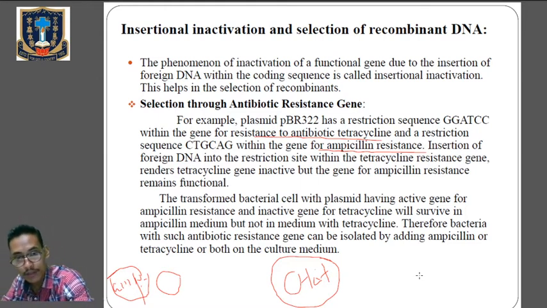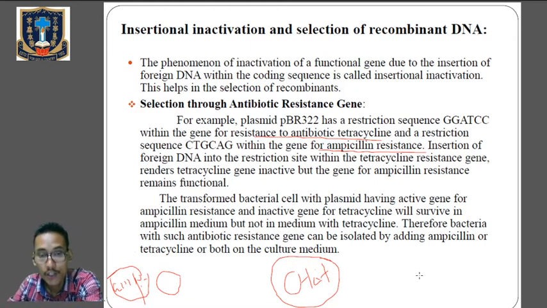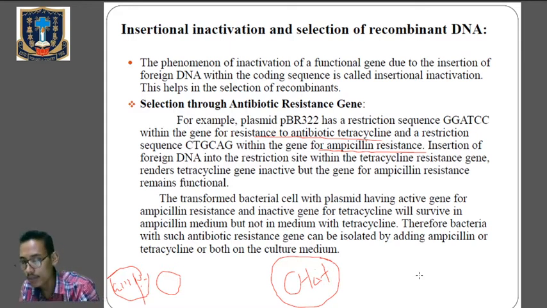So those bacterial cells which have undergone transformation will not be able to survive in a medium containing tetracycline. But those bacterial cells which have not undergone transformation, which do not have recombinant DNA, will survive in a medium containing tetracycline.